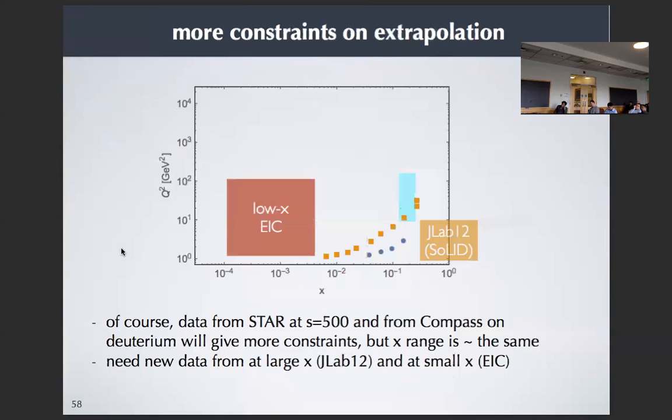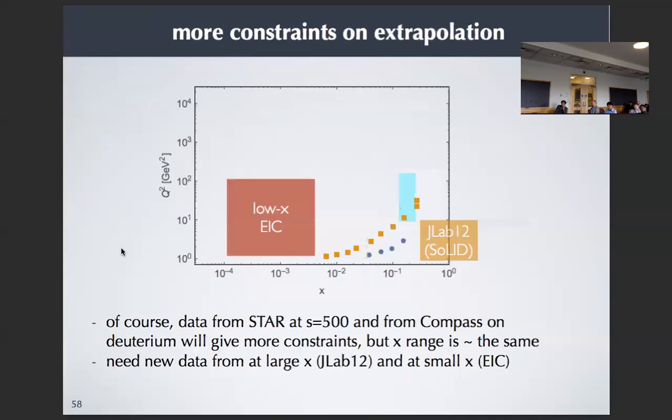In order to really step beyond, I would need data that allow me to enlarge the X range, in order to more safely calculate the moments of transversity, particularly at large values from JLab 12. For smaller values of X, I will definitely need data from EIC, unless we find other theoretical constraints that drive my extrapolation.